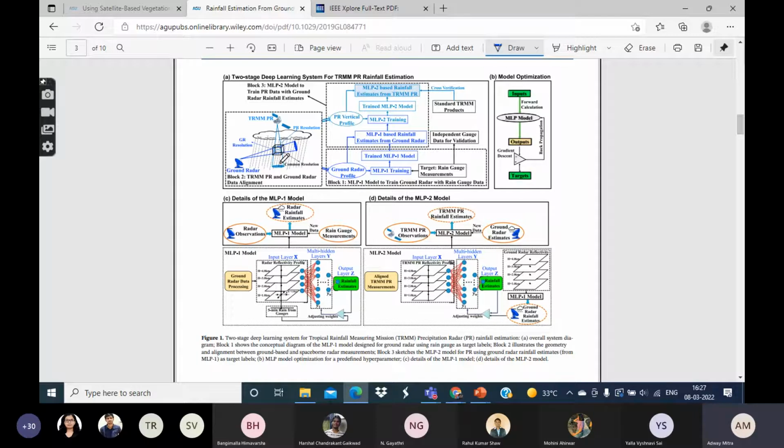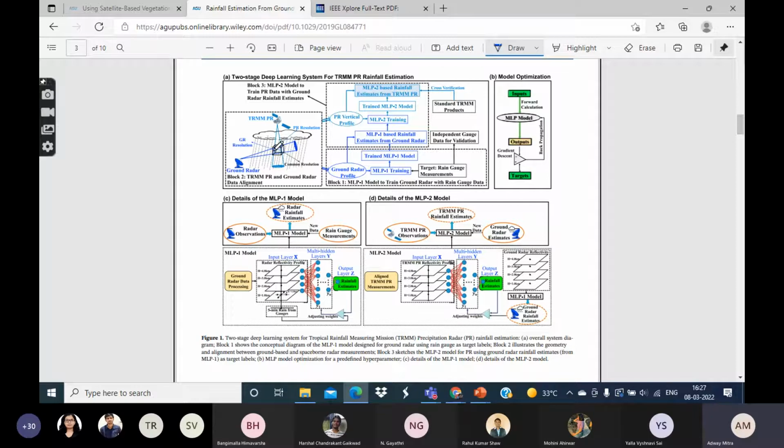So this is our x1, this is our x2, and this is our y. Now, what they are doing is that here we have two blocks, block 1 and block 2. Block 1 has the ground radar and the target. The ground radar captures a profile view of the rainfall.